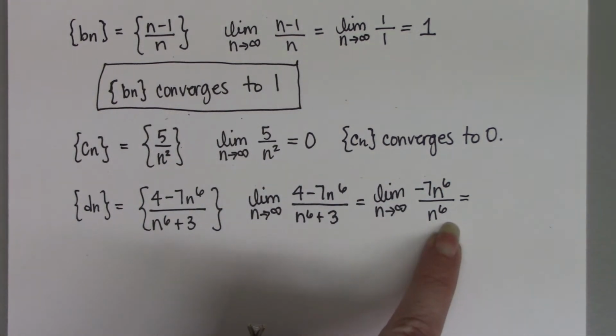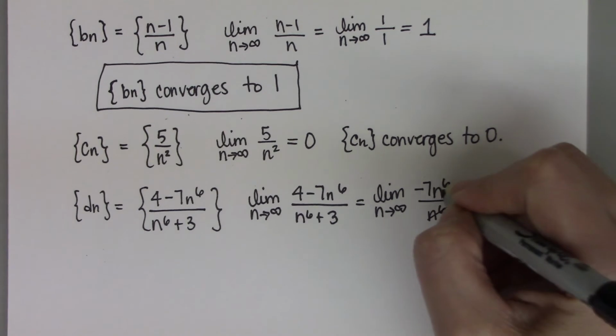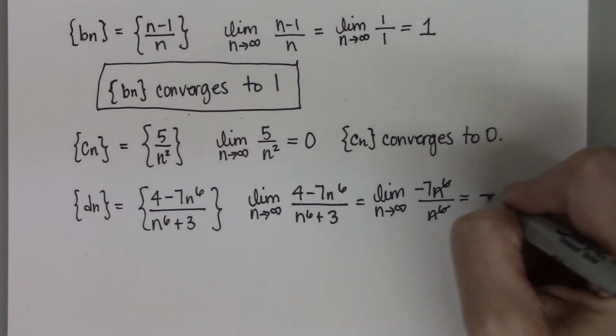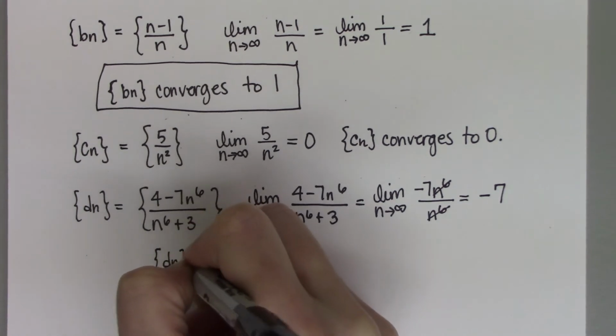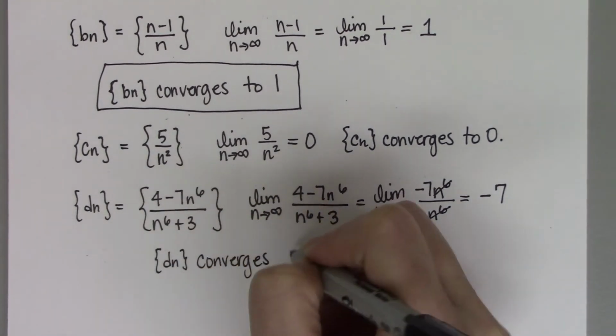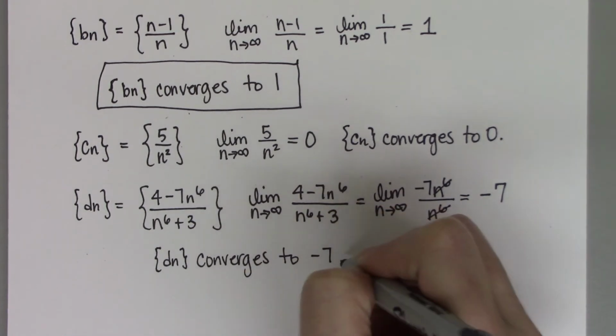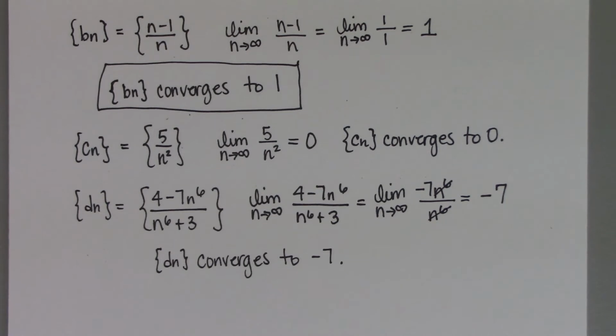If the power in the denominator is bigger, we can see that the whole thing will collapse to 0. If they're equal, then the n to the 6 just cancels, and this limit equals -7. So we would conclude that d sub n converges to -7.